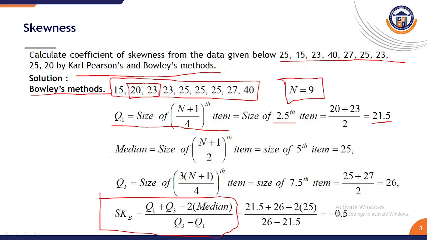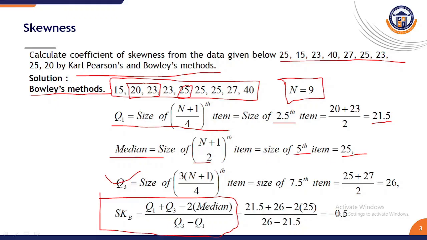Then median. This median of individual frequency is evaluated by using the formula size of n plus 1 divided by 2th item. That means size of 5th item. Here the 5th item is 25. So median is 25.